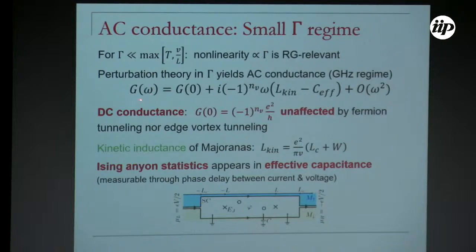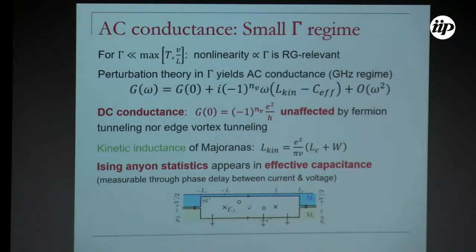So the conductance at frequency omega is a DC conductance plus I omega. There's again this -1 to the NV factor, and then a difference of kinetic inductance of the Majoranas and an effective capacitance. And then there are terms of order omega squared. We did the perturbation theory up to second order in gamma, but basically the second order just renormalizes the first, and it doesn't give you really new things.